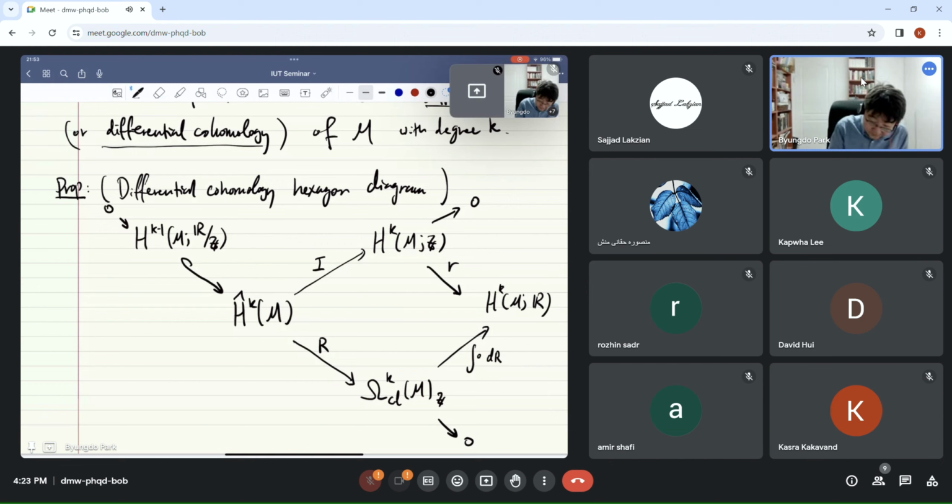And this map is minus B. And here B is from Bockstein.